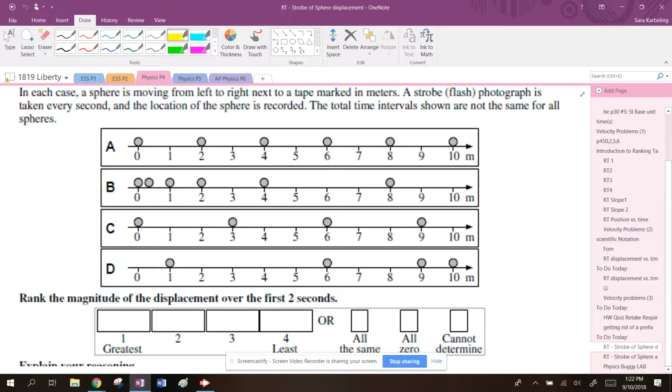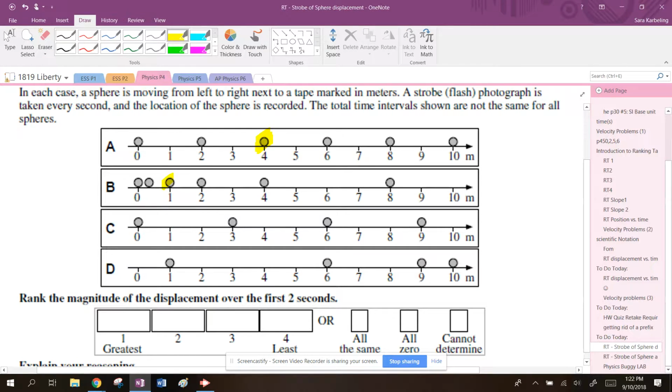So just to make sure that we're all at the same place here, where is the ball in picture A after 2 seconds? What did you say? At 4 meters? Okay. Where is the ball in picture B after 2 seconds? 1 meter?